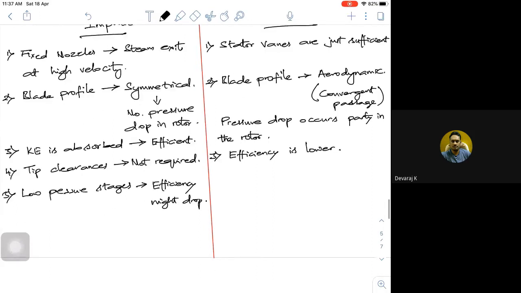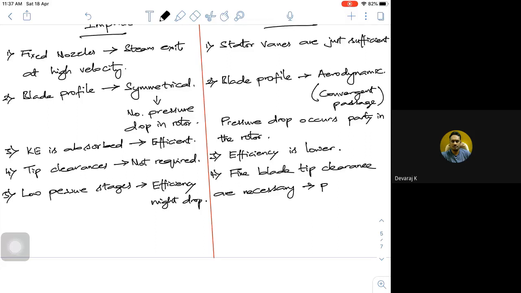Then, if you speak of tip clearances, fine blade tip clearances are very much necessary, because I should ensure that there are no pressure leakages.